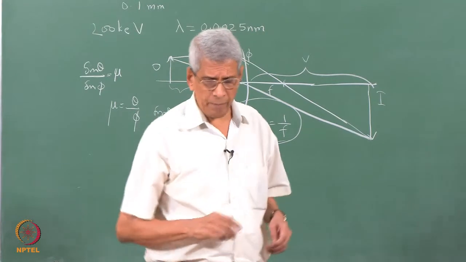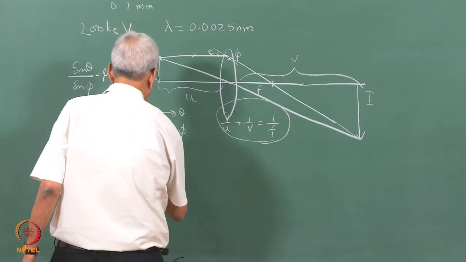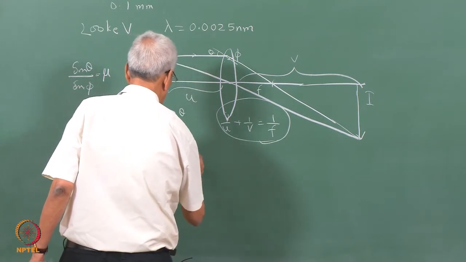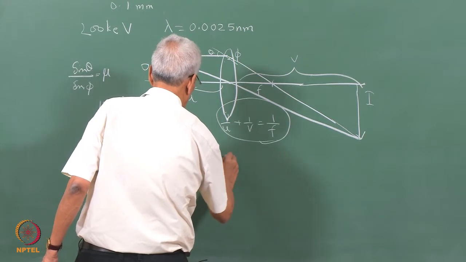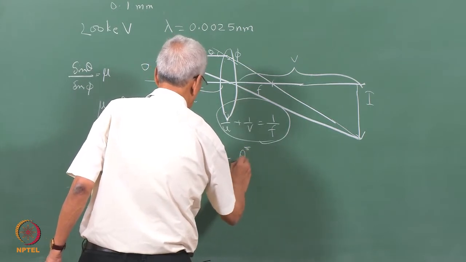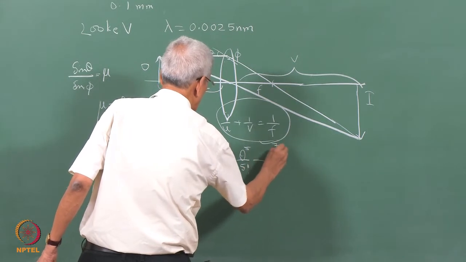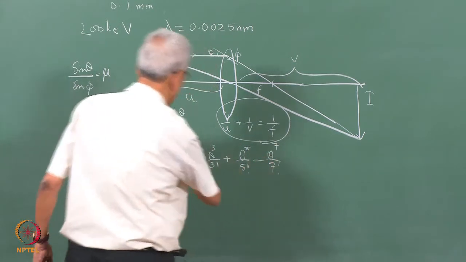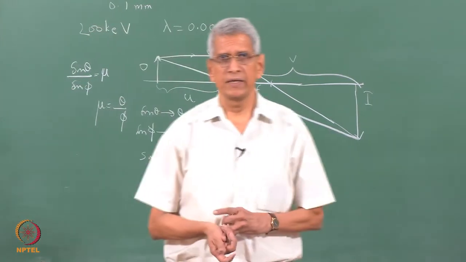But what is normally happening is that the actual expansion for sin theta is: sin theta equals theta minus theta cubed by 3 factorial plus theta to the power of 5 by 5 factorial minus theta to the power of 7 by 7 factorial. This is the way sin theta has to be expanded.